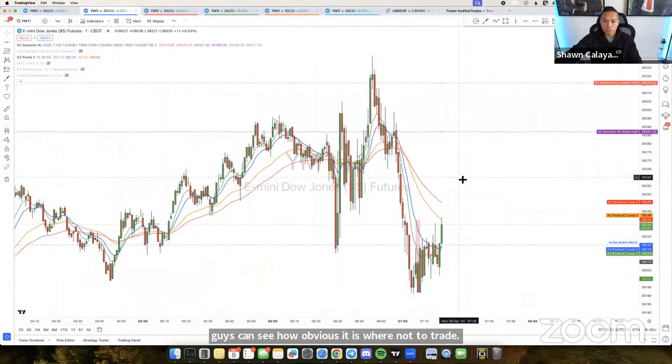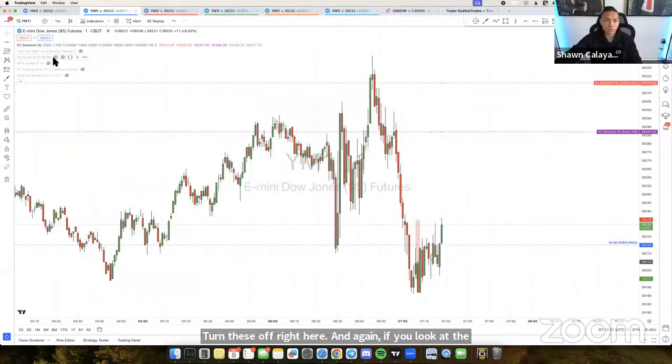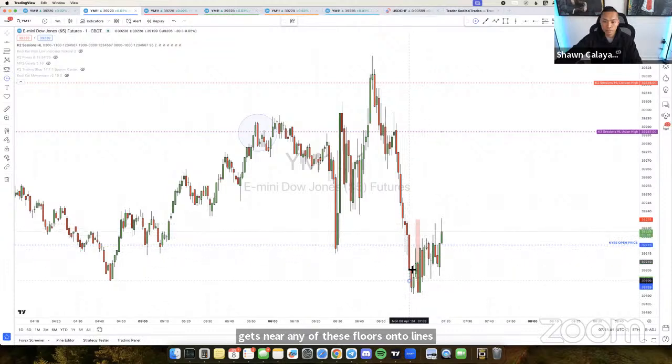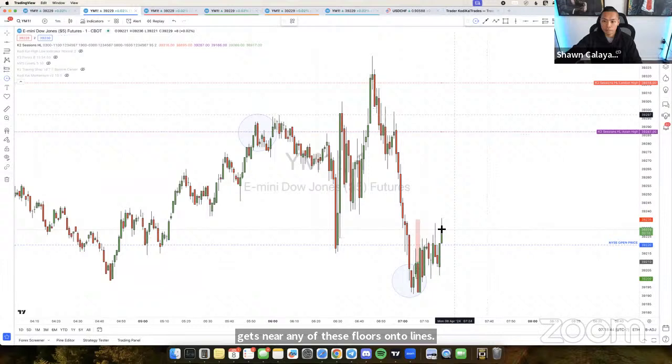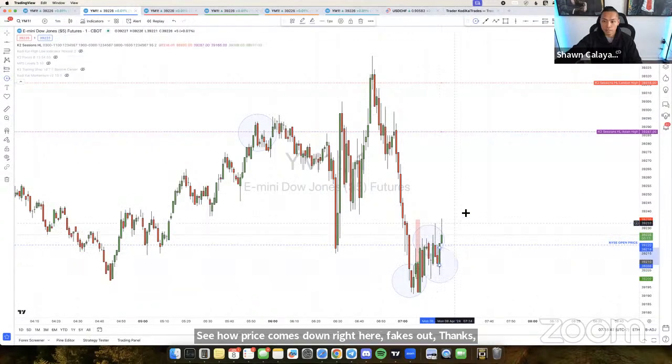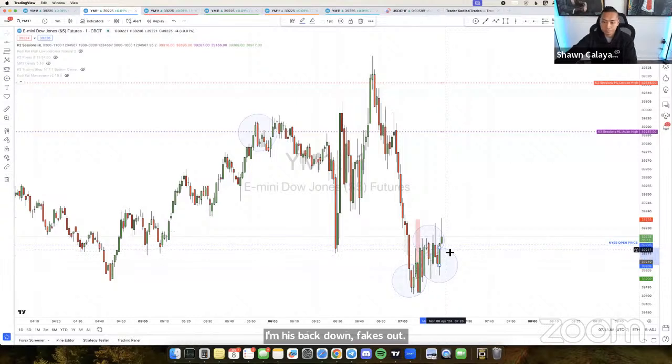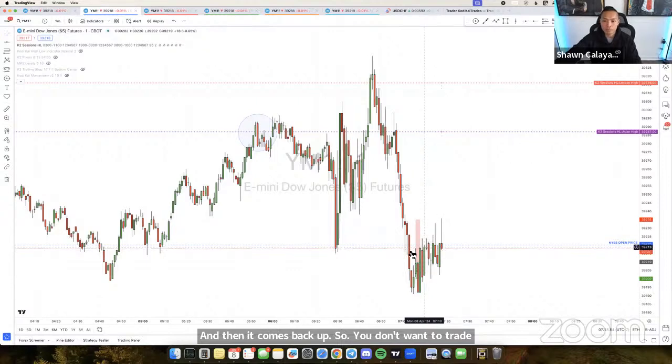If you look at the chart here, whenever price gets near any of these horizontal lines, see how price comes down right here, fakes out, comes back up, fakes out, comes back down, fakes out, and then comes back up. So you don't want to trade around these areas. You want to use these as target price points, but you don't really want to trade around these areas.